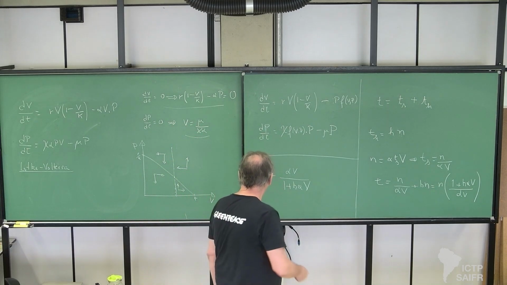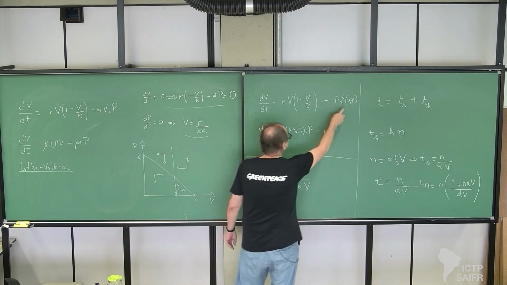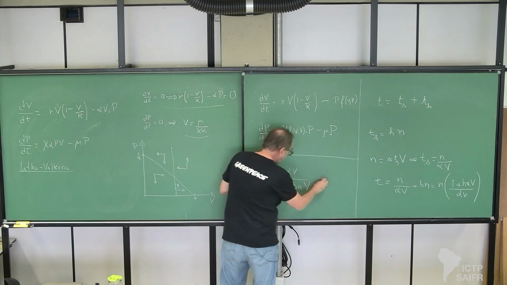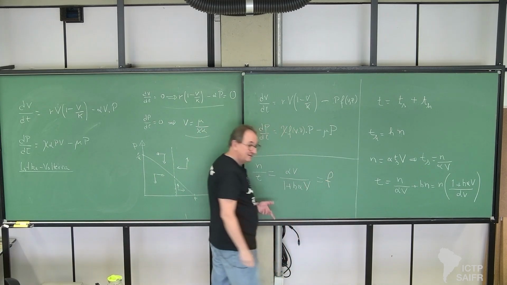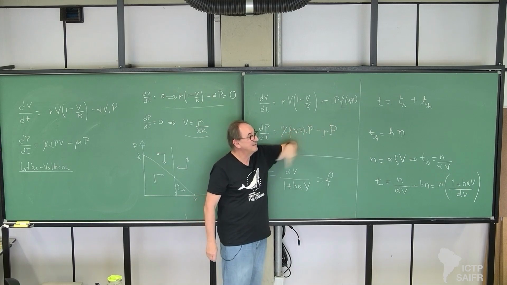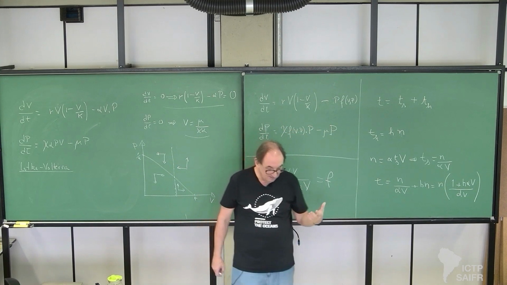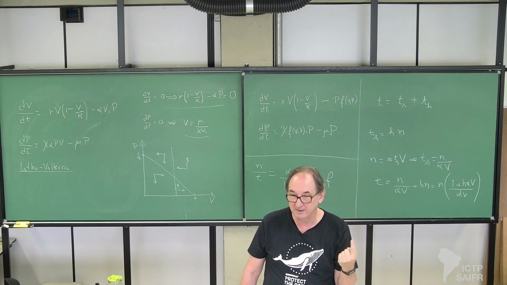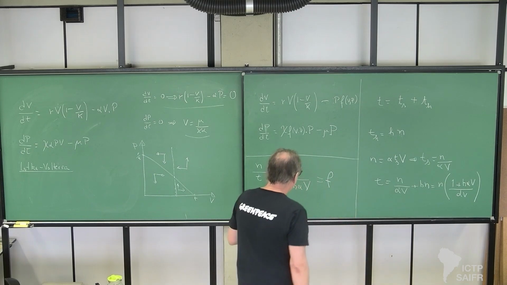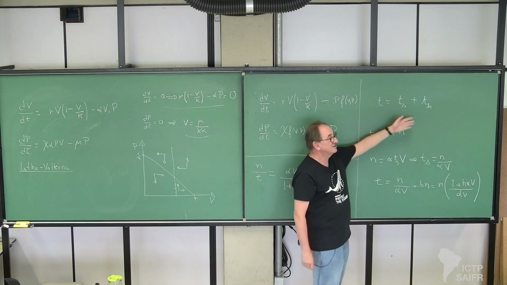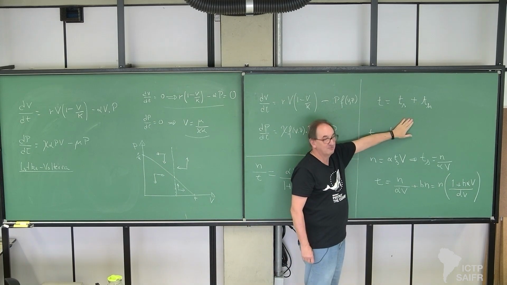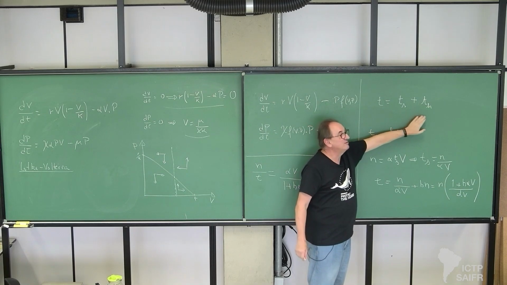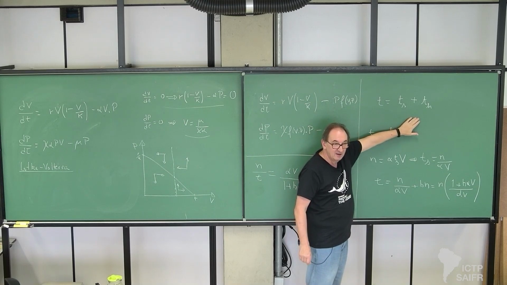So this is the functional form. This is our f. Remember, f is the number of prey being consumed by unit time by a typical predator. So I now just divided the time for my predator into two different activities, searching and handling.